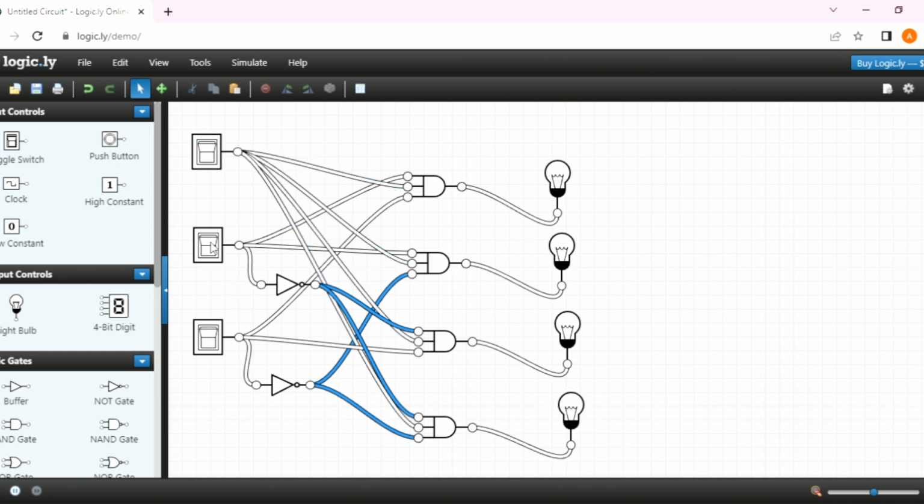If the selection lines are 0, 1 and the input data is 0, there is no change. All the outputs are 0. If the selection lines are 0 and 1 and the input data is 1, it is 0 1 0 0, it represents 2 as per the selection line 0 1 representing 2.